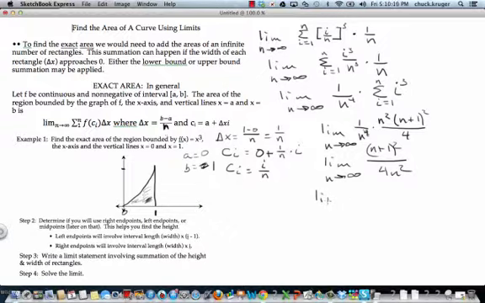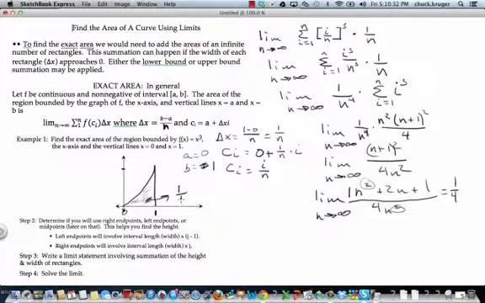I'm going to multiply that out, and I get n squared plus 2n plus 1 over 4n squared. My leading coefficient is 1, my degrees are the same, so my limit is equal to 1/4. So the area underneath this curve is 1/4.